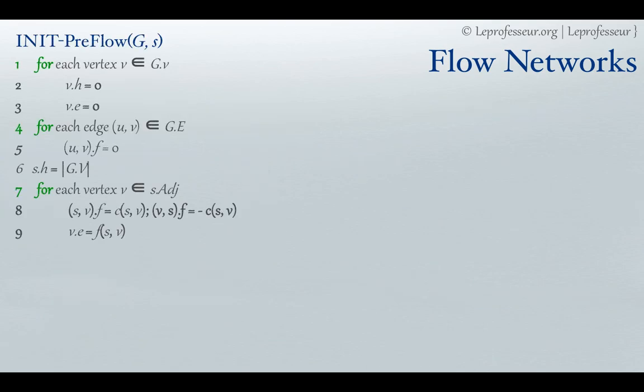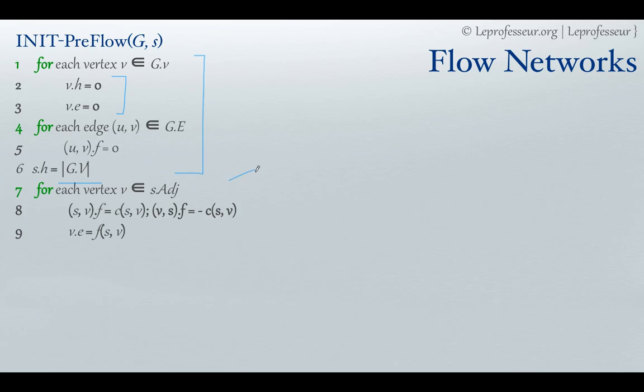Now, what is the initialization step? The initialization step is very simple: for each vertex you make the height and the excess flow 0, and the source vertex height is the number of vertices in the graph. So that's the initialization step, up to lines 1 to 6.